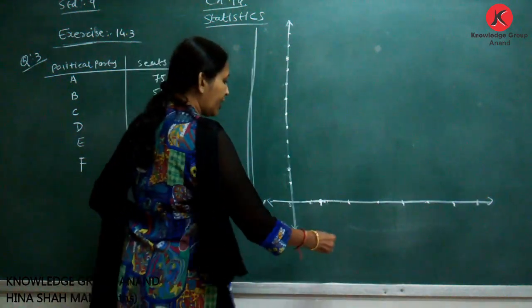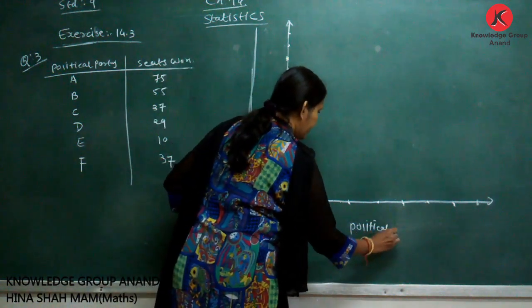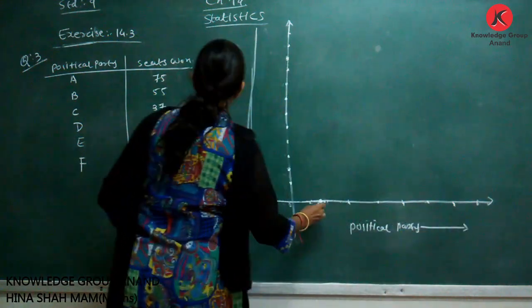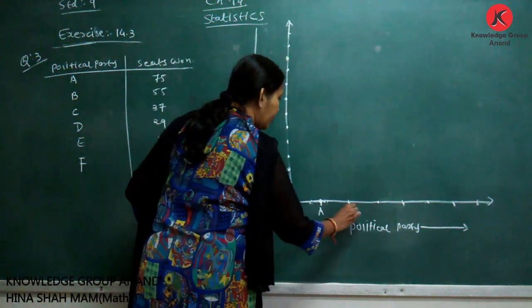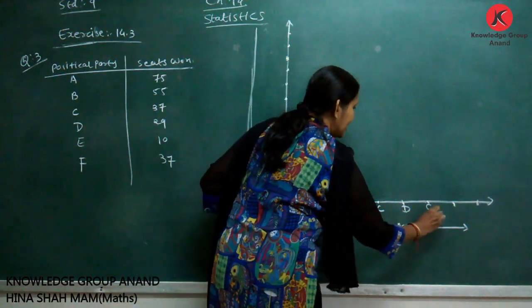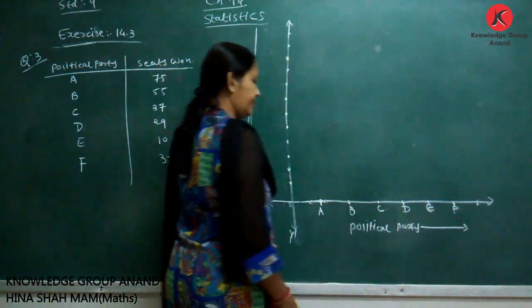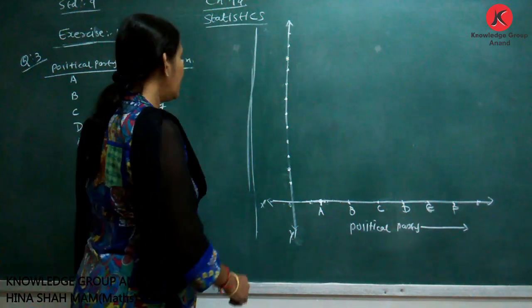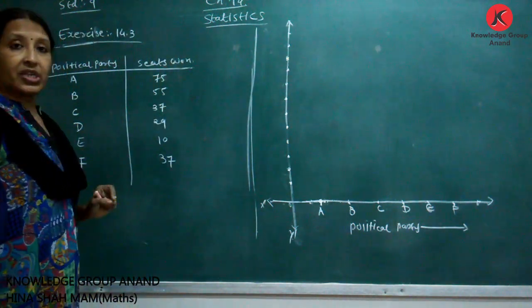Here we write political party. It is A, B, C, D, E, F. We write here the variable. Then seats won 75, 55, 37, 29, 10 and 37.